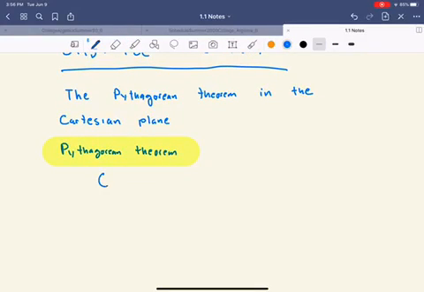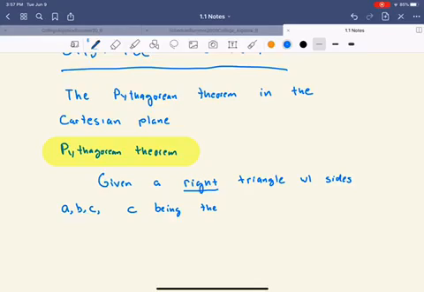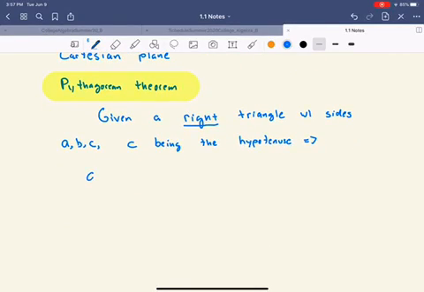Given a right triangle, okay, the Pythagorean theorem requires that you're using a right triangle with sides A, B, C, C being the hypotenuse, then A squared plus B squared equals C squared.